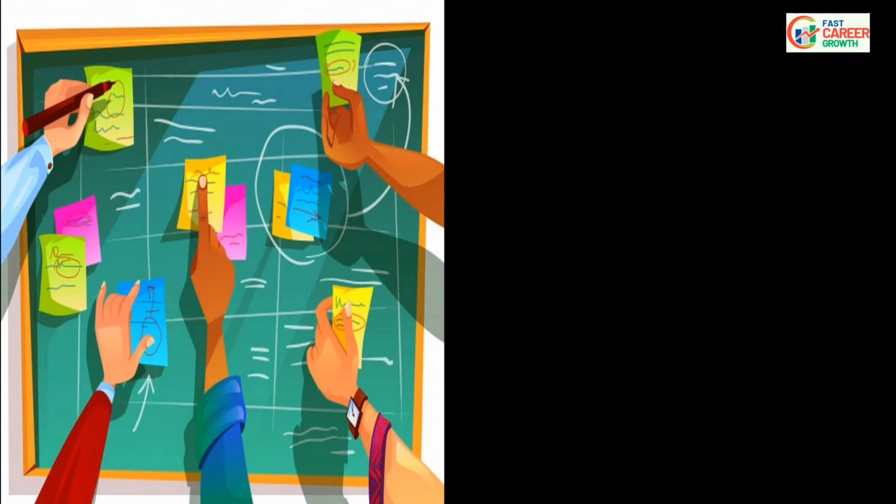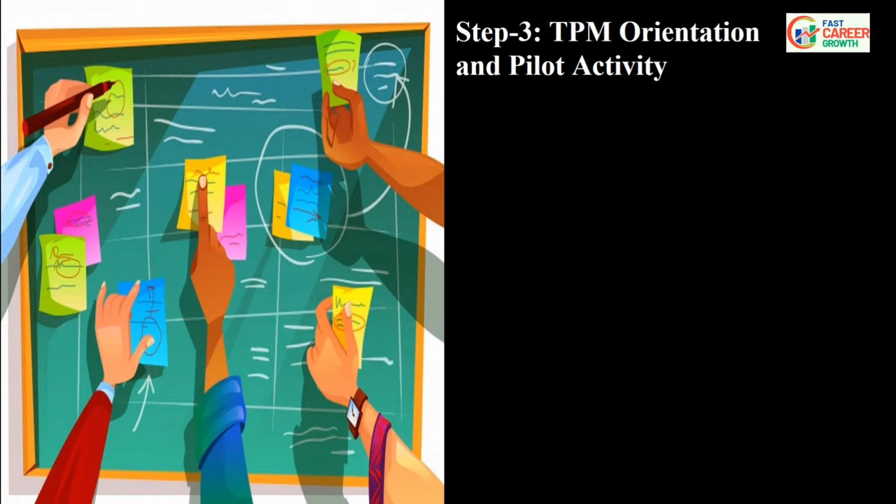Next is Step 3, TPM Orientation and Pilot Activity. The pilot activity is an important step in the TPM implementation process because it provides a tangible example of the improvements that TPM can bring.